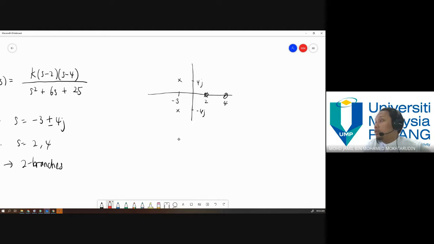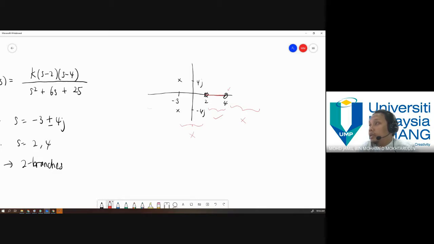From this section to positive infinity, there will be no root locus. In between this section, because we have 1 zero here, we have root locus on this section. In this section here, we have two zeros. So 2 zeros, it's an even number, so we don't have any root locus on this section.